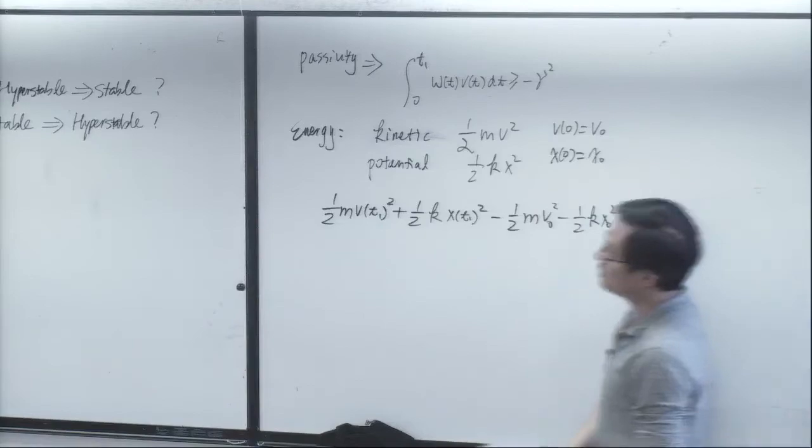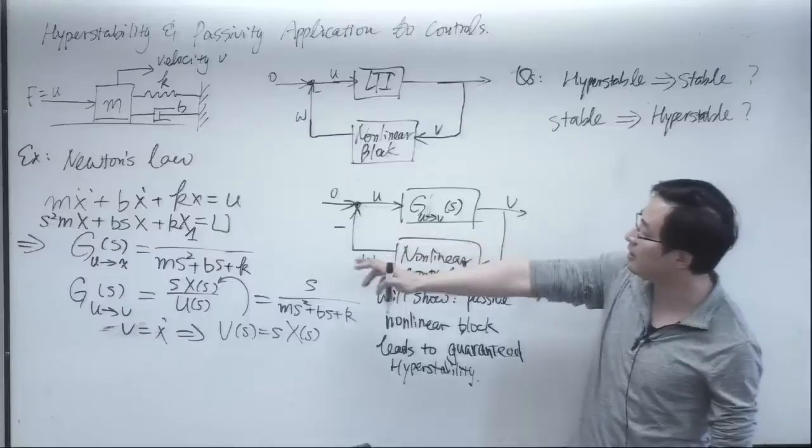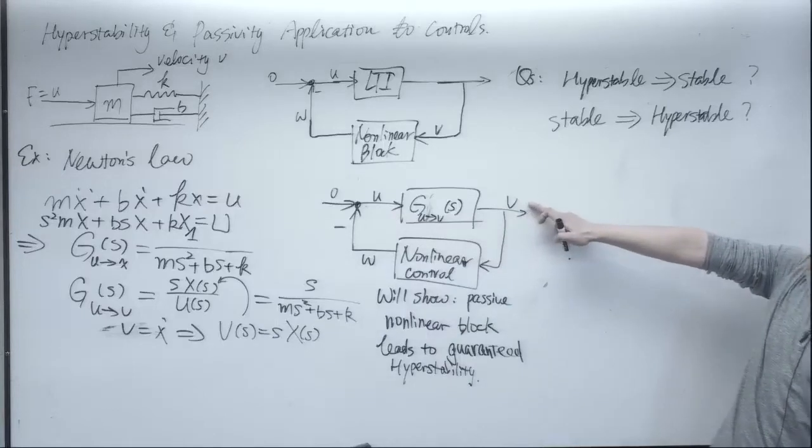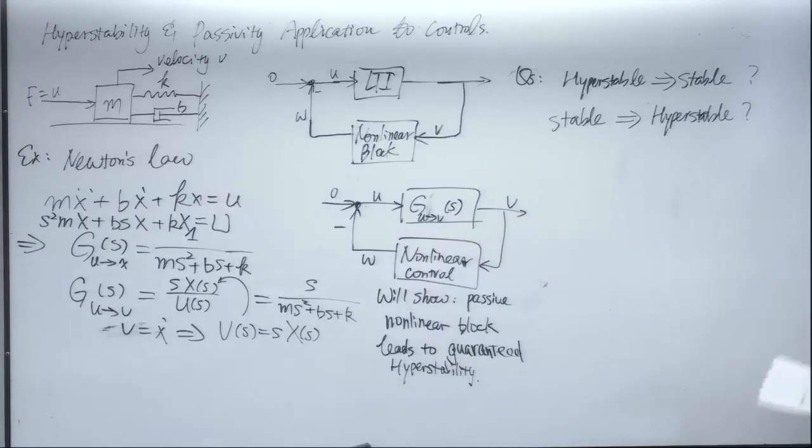All right? So the physical meaning is, again, this is force. Force times velocity is the energy supplied to the system. So essentially it is this term.